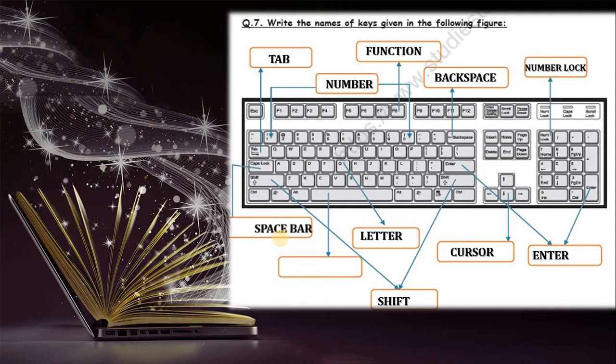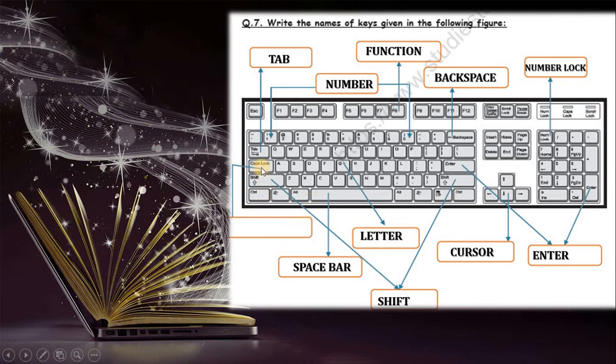Now see another one, space bar. You can see here the space bar, right? The space bar key is used to put a single space, right? And it is the longest key on the keyboard. What? The longest key on the keyboard, right?